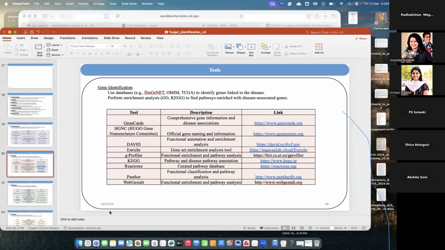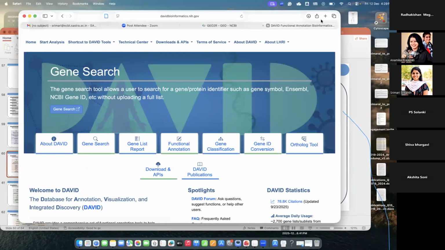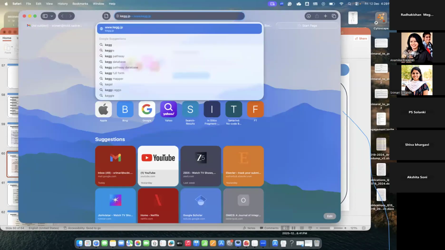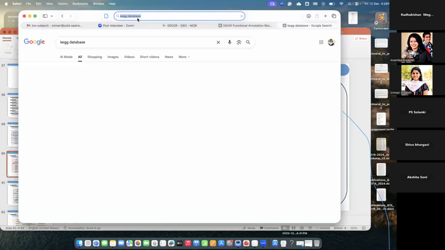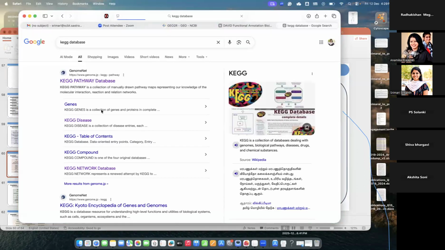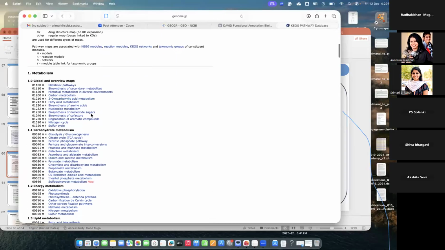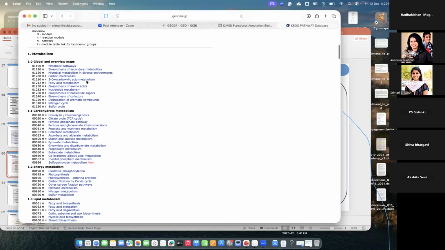Enrichr is also there. KEGG is another one widely used for pathway enrichment analysis. They categorize into metabolism, genetic information, environmental information, cellular processes, human disease, and drug development. And also they have an overview of metabolic pathways.